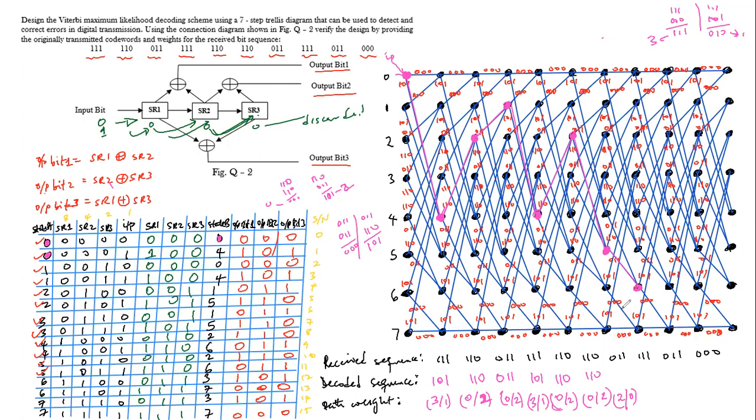So it means what we have here is 0, 1, 1. And then from this point, the path weight going upward, that will be 1. Then coming downward, 0, 0 plus this, that's 3. So it means we are going upward this time. Right?